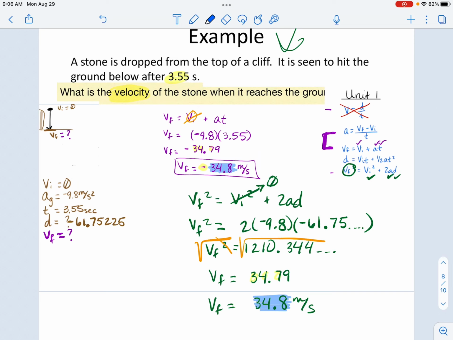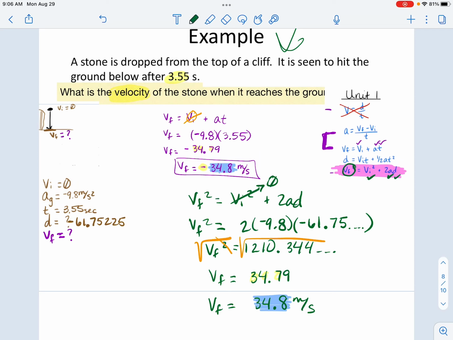But with this particular formula, this is super important that you understand. Whenever we choose to use equation number 5, VF squared equals VI squared plus 2AD, to solve for either of my velocities, that number mathematically will always come out to be a positive number, because I have to square root a positive number and it's going to give me a positive answer, right?